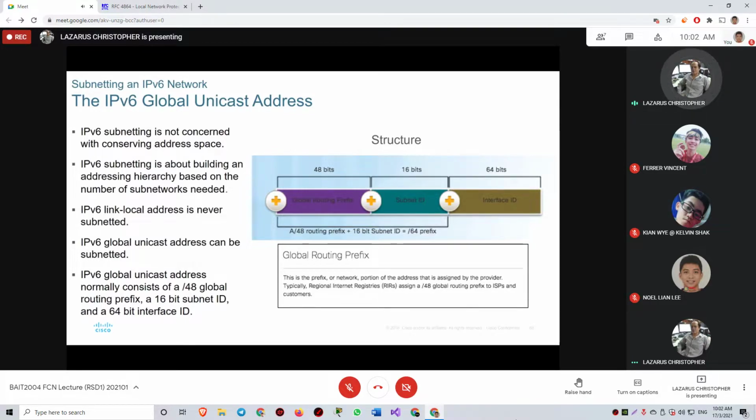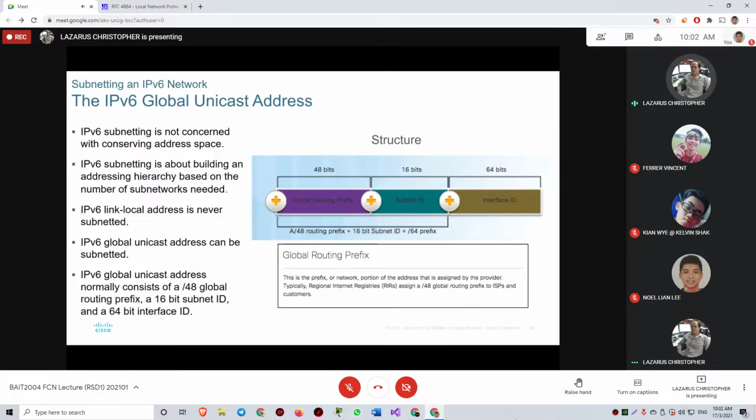The point is, we still want to have some kind of structure, or hierarchical structure, for our network. That means we want to subnet because of business policy reasons. We don't want one single LAN where everything is put together.